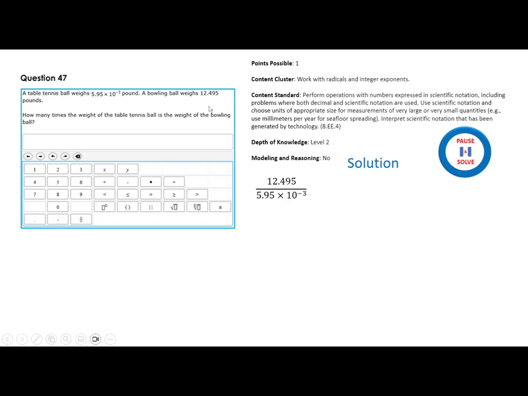Okay, so technically you need to divide this by this. So you bring this up. Division: 2.1 times 10 to the power 3, 2100. Or you can do it this way. This one here is this number, turn it into a decimal number, and now you do the division, and you get the same answer, 2100.